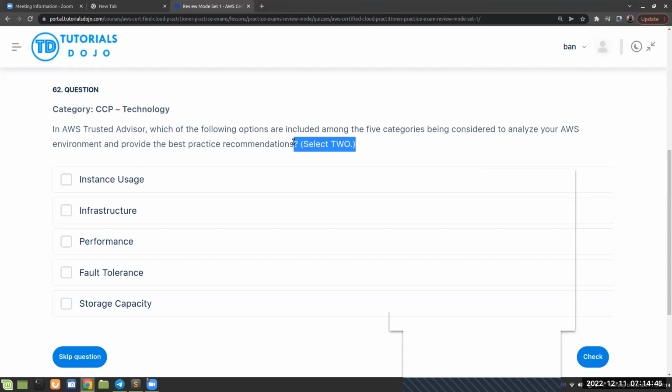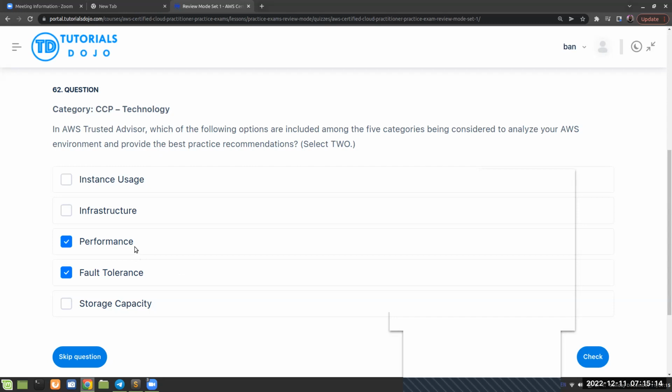Performance, fault tolerance. Performance and supported. Performance, fault tolerance. Yeah. What are the other ones? There are 5 of them. Service limits, cost optimization.